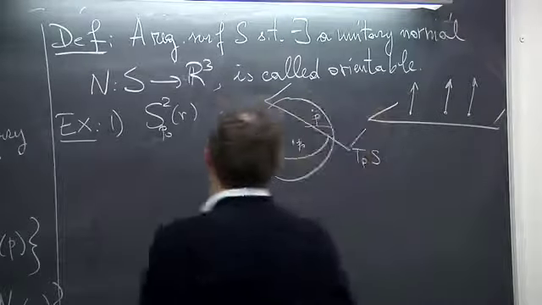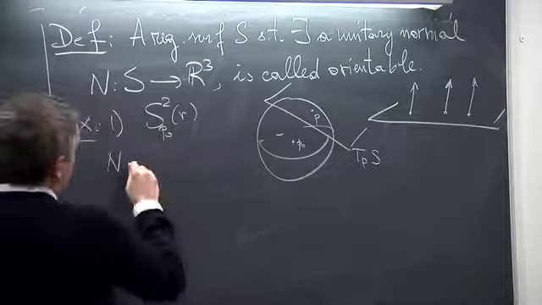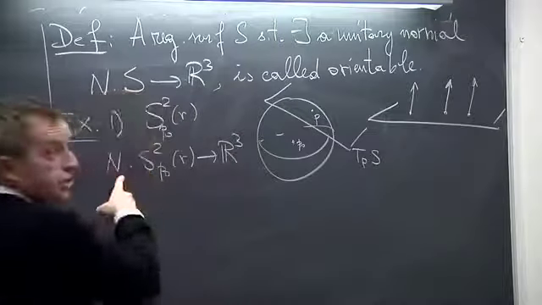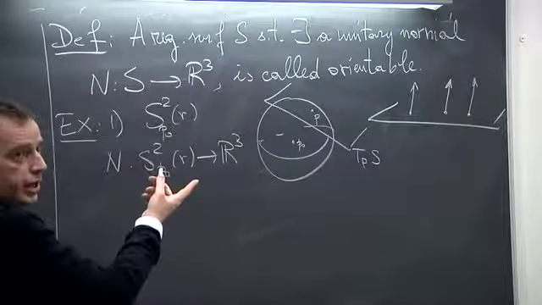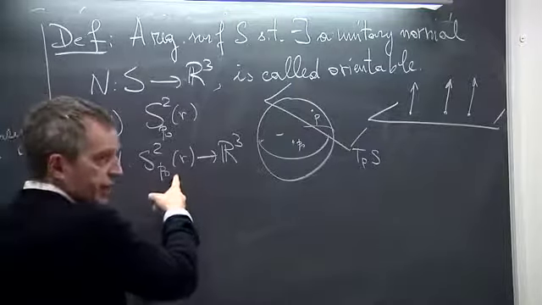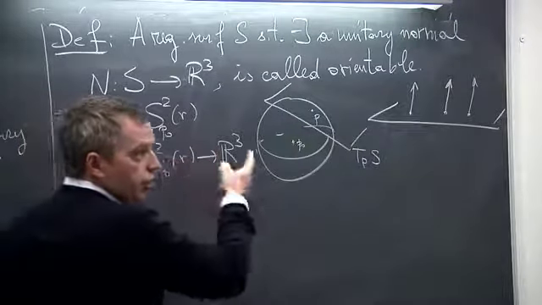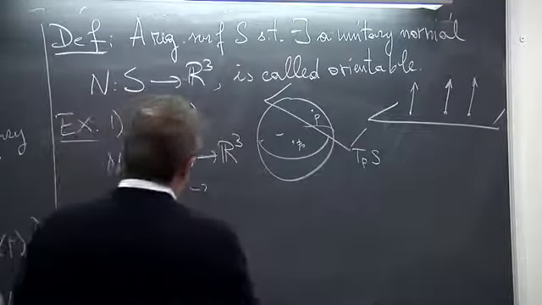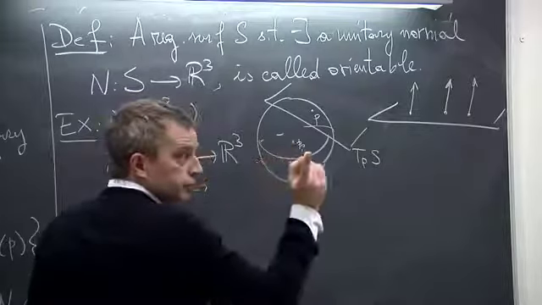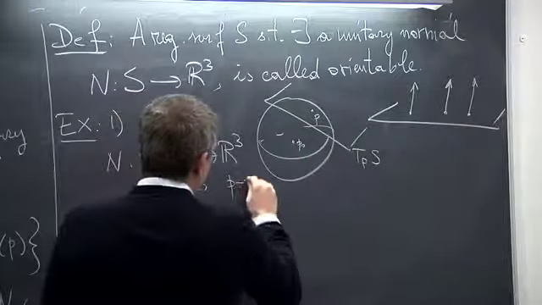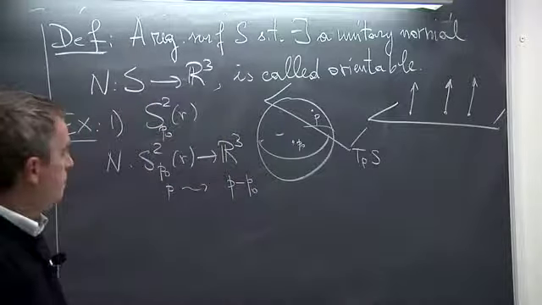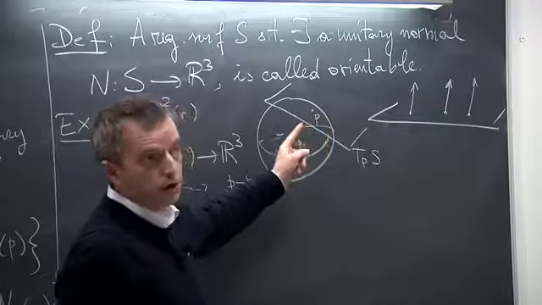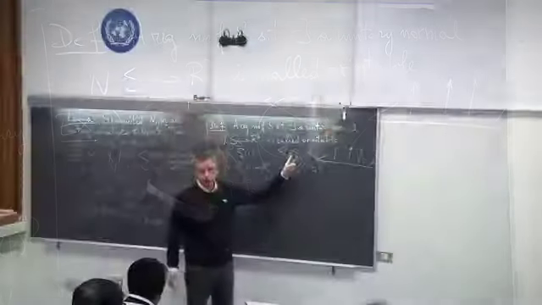So that means N from S to R3, where S is the sphere of center P naught. This is the object I need to define: a unitary normal, so a differentiable vector field, which at each point is unitary and normal. So I take P and I define, for example, P minus P naught. As a vector it is good in the sense that it's orthogonal to the tangent space at every point.